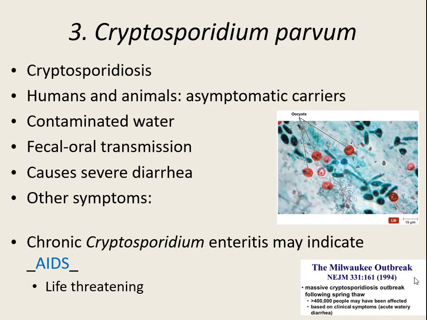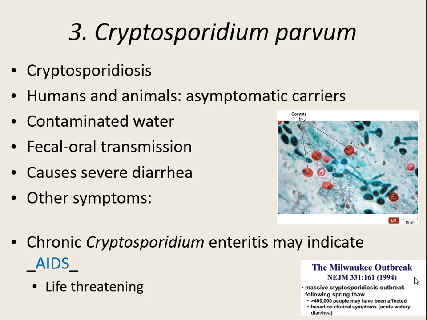They estimate over 400,000 people all got Cryptosporidium at the same time. That's a lot of people with diarrhea. There was nowhere where you could buy Pepto-Bismol or anything to help with the diarrhea. And they did have to set up like army medic tents to be able to treat all the patients.